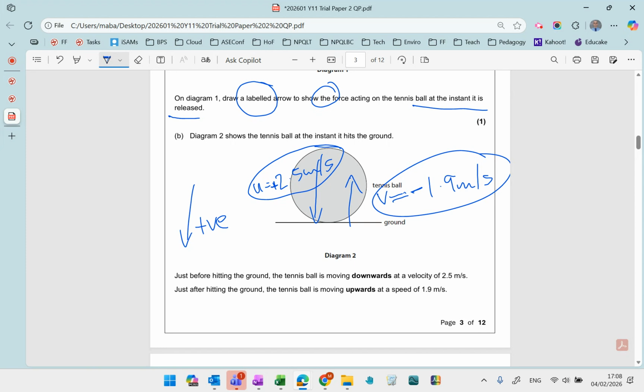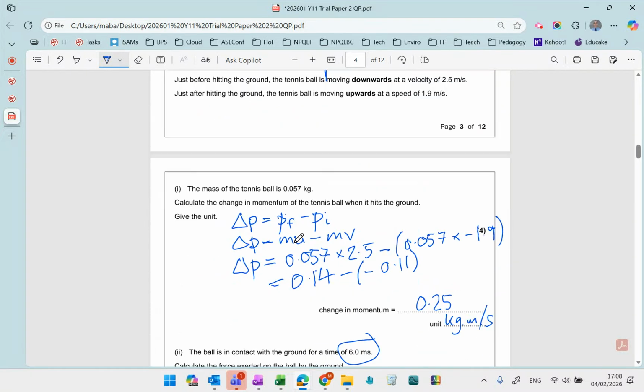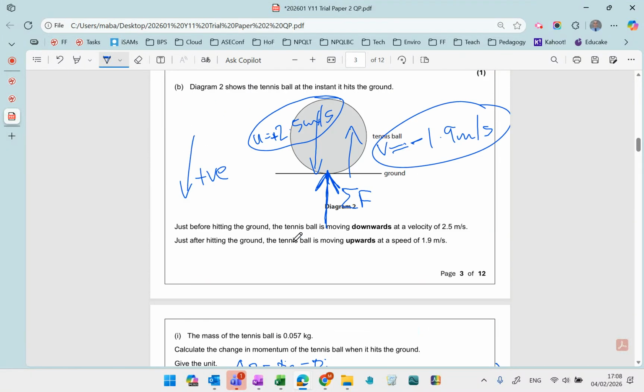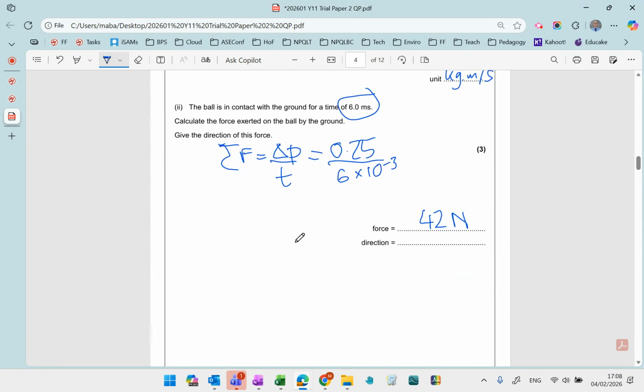So to make that change in velocity happen, there must have been an acceleration. First of all, the ball decelerated to zero velocity, then it accelerated upwards. Because the acceleration is upwards, that tells you that the resultant force pushing on the ball must have been upwards. So it's a reaction force between the floor and the ball, pushing upwards.